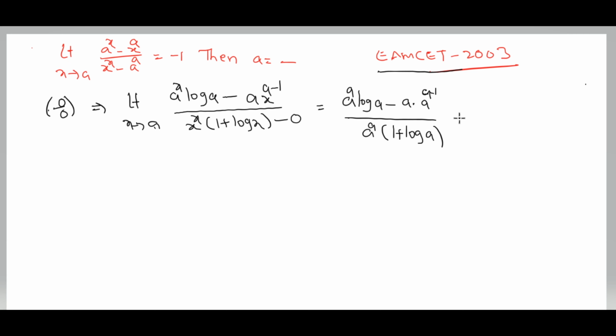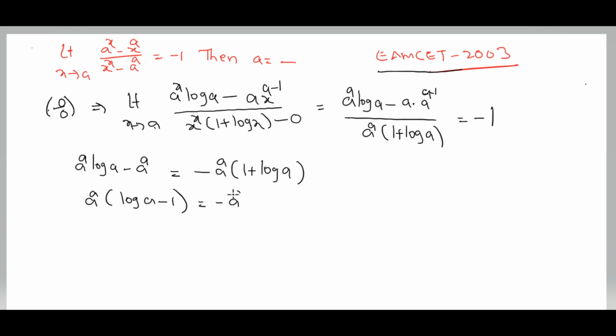This value is given minus 1. So here a power a into log a minus a power a is equal to minus a power a into 1 plus log a. Take a power a common, that is a power a into log a minus 1 is equal to minus a power a into 1 plus log a. a power a cancelled, log a minus 1 is equal to minus 1 minus log a.